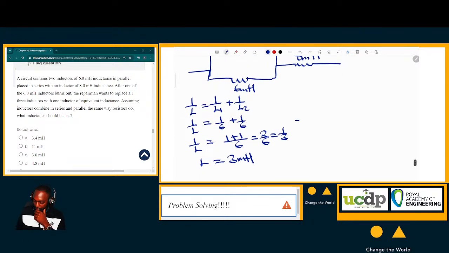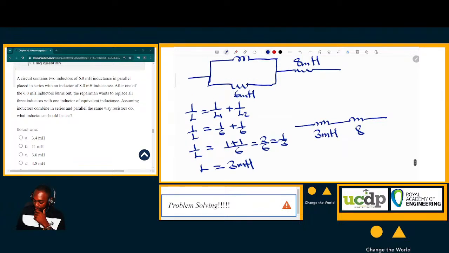Yes, I agree. Which means that if we have got this, then our circuit simplifies to 3 millihenry and 8 millihenry. And then to get the total, it will be your L1 plus L2.